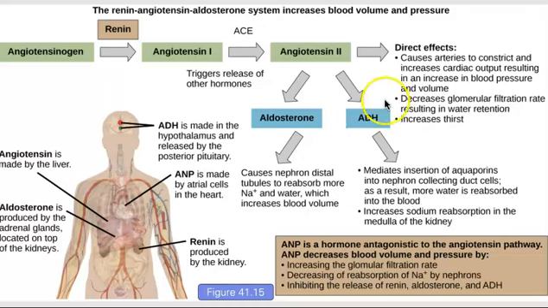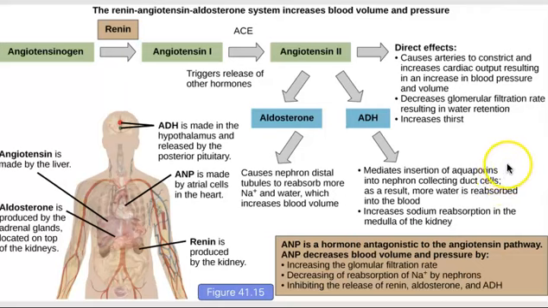The other thing that angiotensin II does is it triggers the release of ADH, our antidiuretic hormone. And if you remember, this hormone was synthesized within the hypothalamus and then stored in the posterior pituitary gland until it's needed. So it's needed now, and it is released from that posterior pituitary gland, and it is going to go over into our DCT and collecting ducts and trigger the manufacturing of aquaporins in those cells.